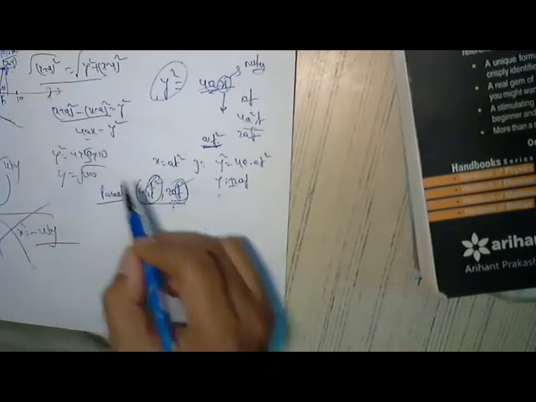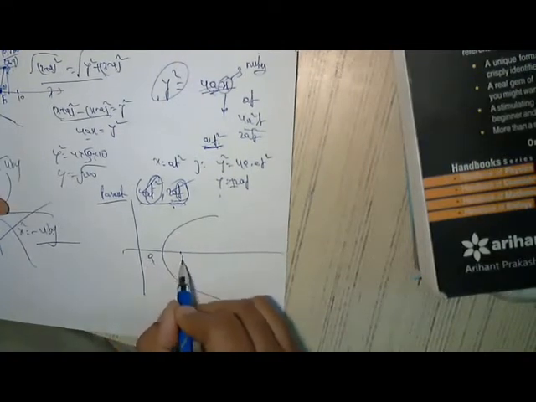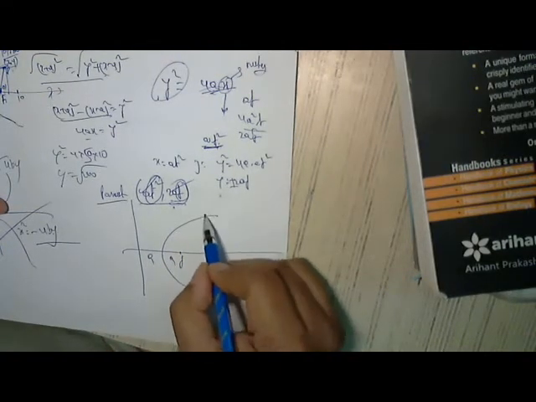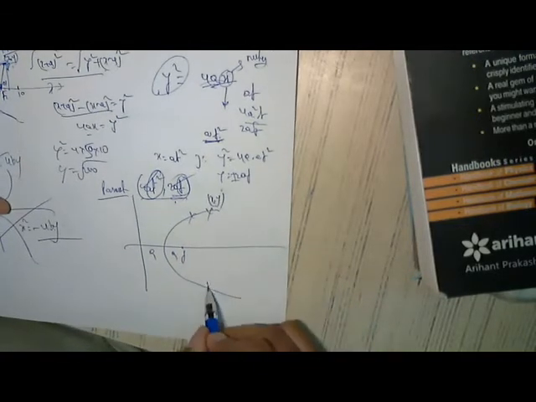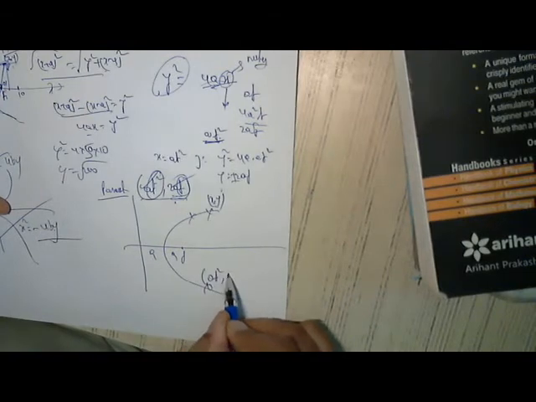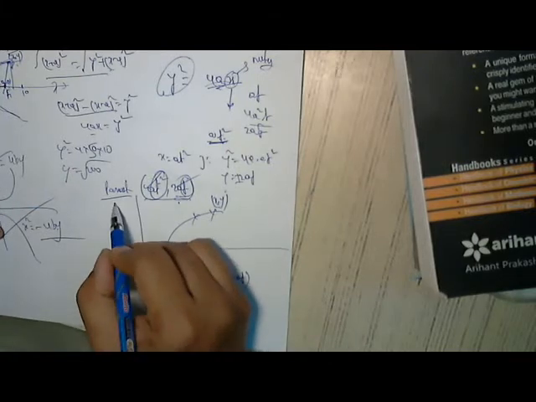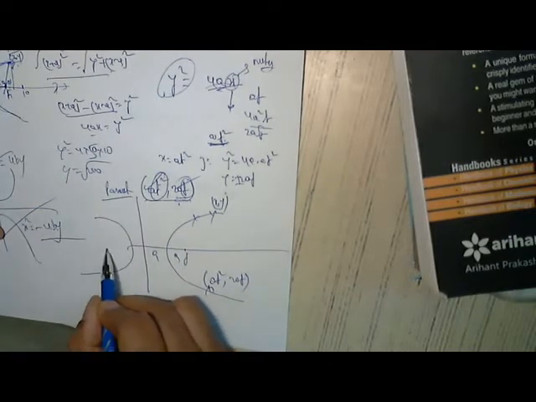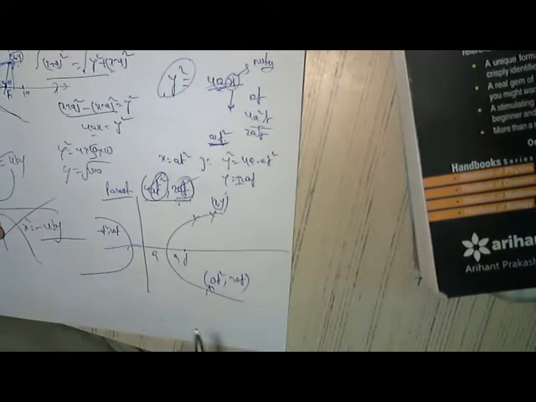So if I know a, any point on this curve I can represent by x, y, or I can represent by at square, 2at. And if the parabola opens to the left, it is minus at square, 2at.